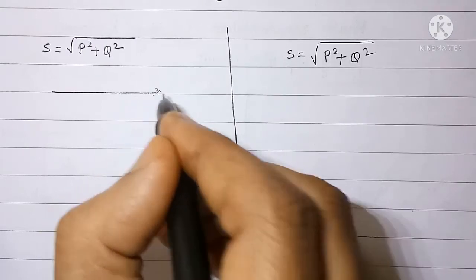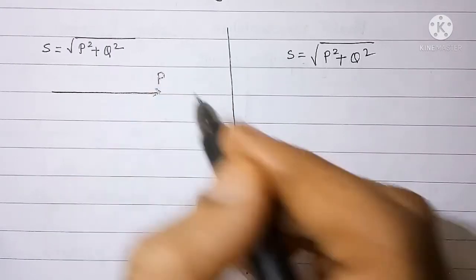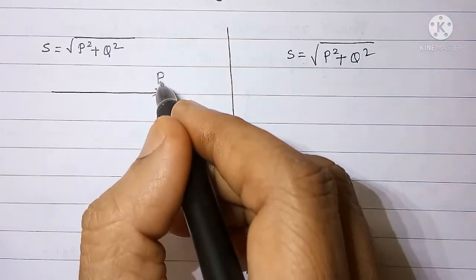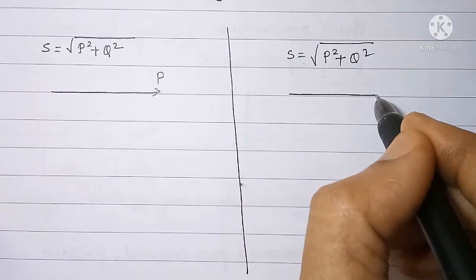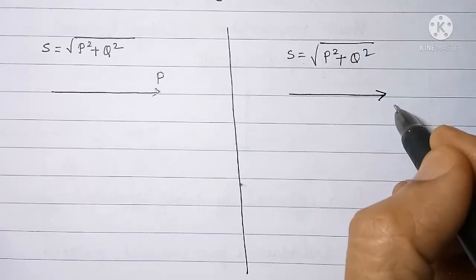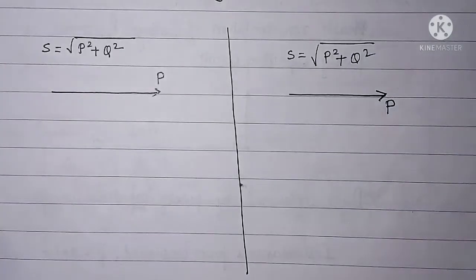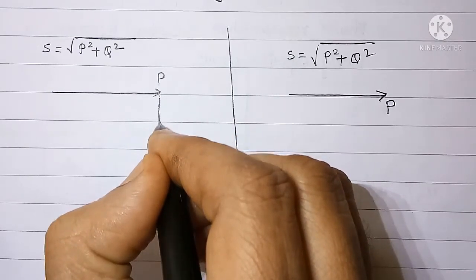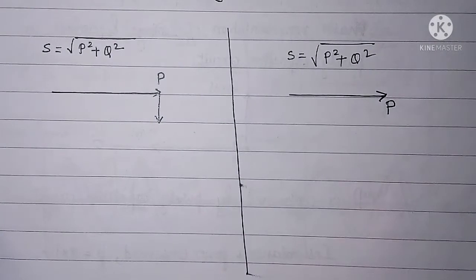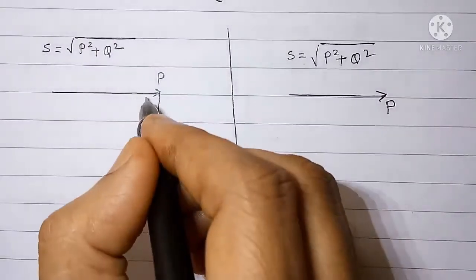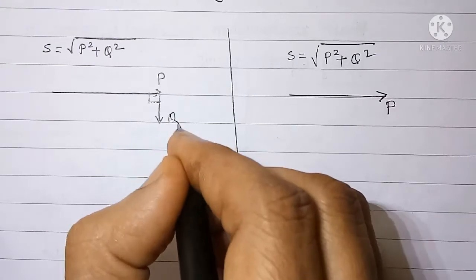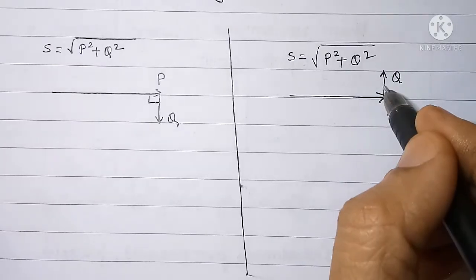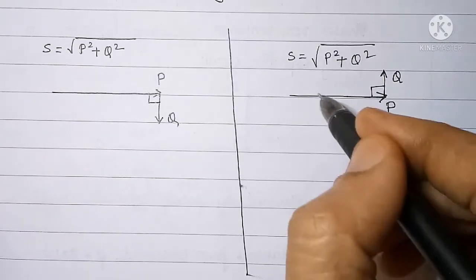In inductive circuit and capacitive circuit, P is taken as reference phasor, and in inductive circuit Q is shown below reference at 90 degree to P, whereas in capacitive circuit Q is shown at 90 degree to P but above reference.